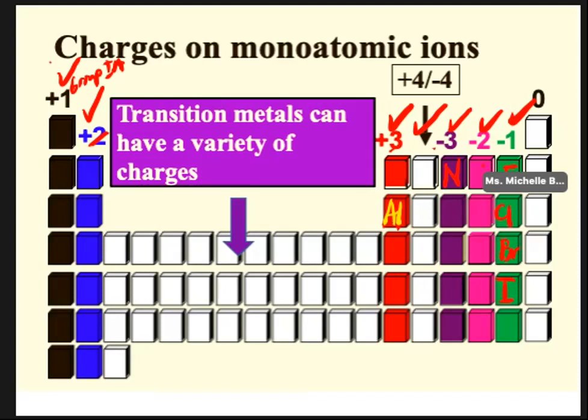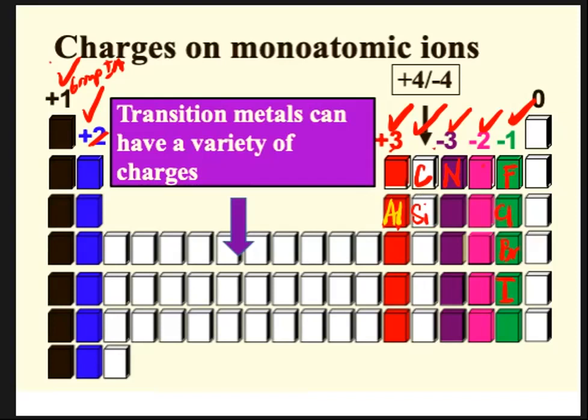Now, please try to take a look at group 4. Group 4 is a very unique group because we have there the carbon. It has tendencies of giving up or receiving electrons. So that's for group 4.